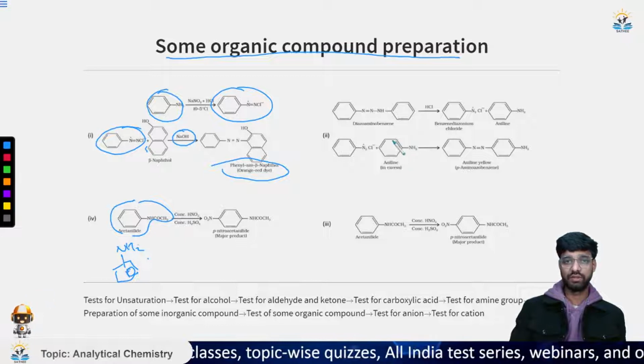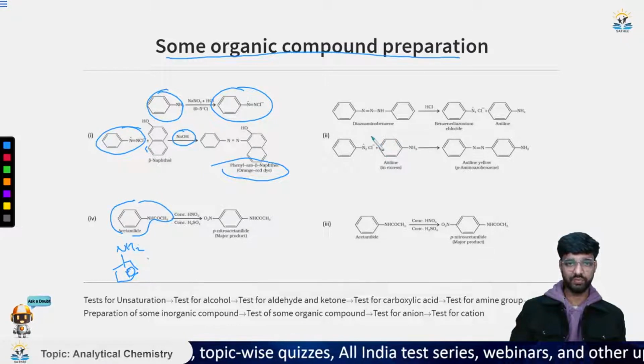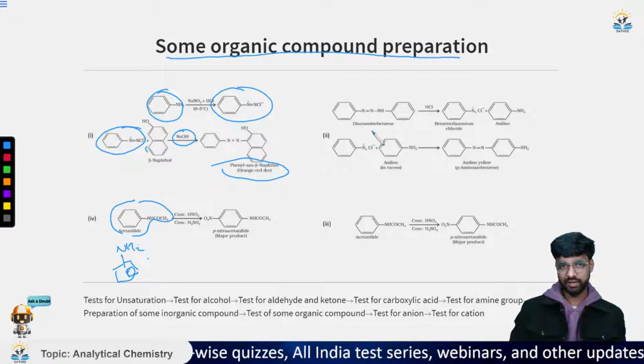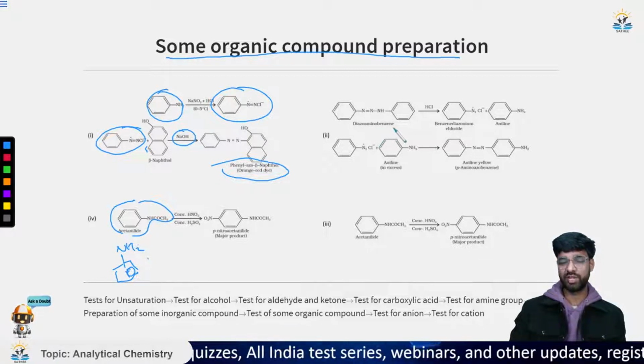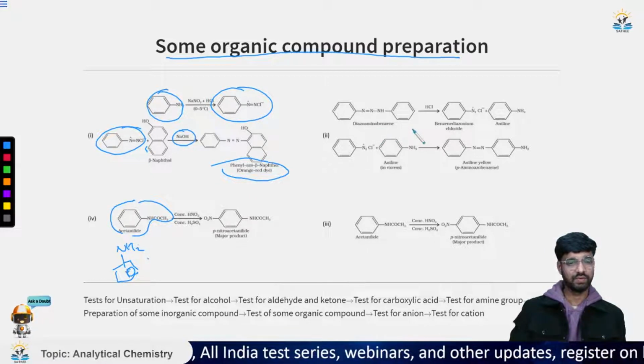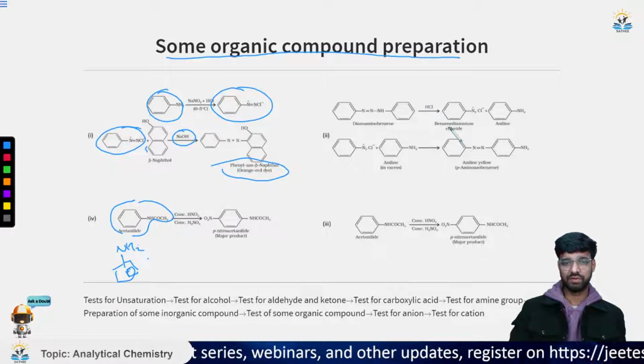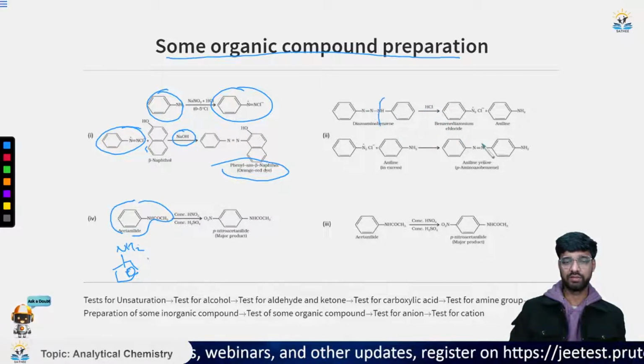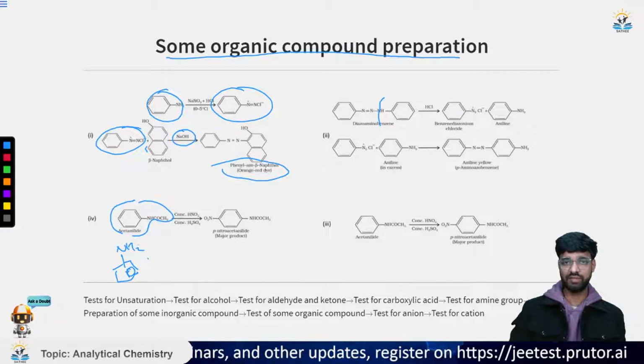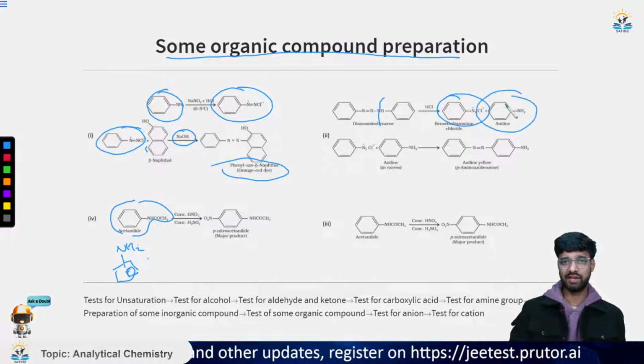Again, this is the third preparation. Okay, so we take diazoaminobenzene, and then we treat it with HCl. So what happens? This bond breaks and diazotization takes place to form the diazonium salt and aniline.